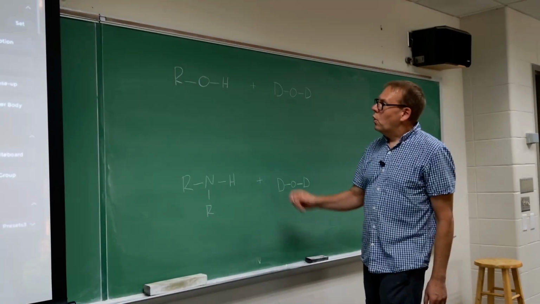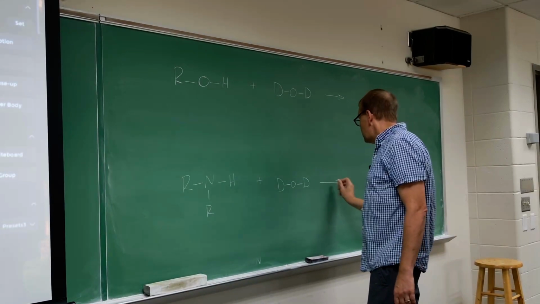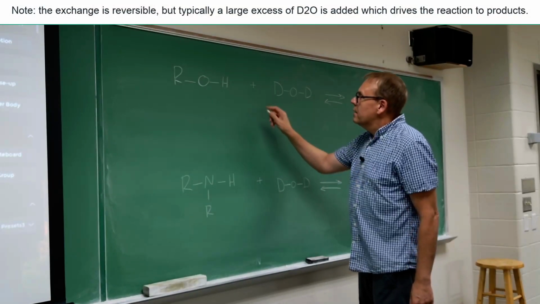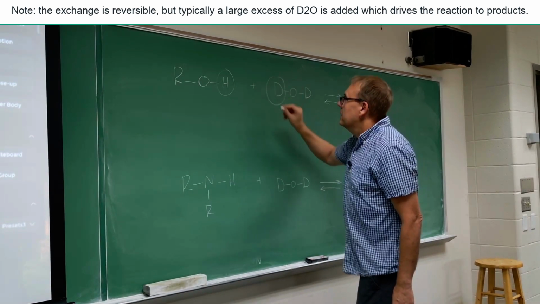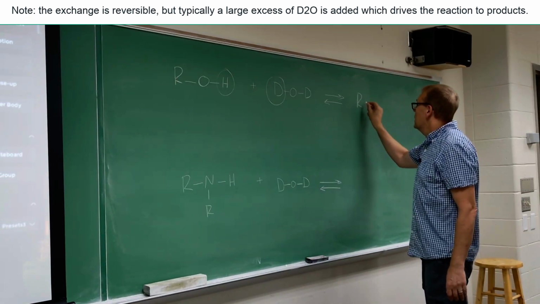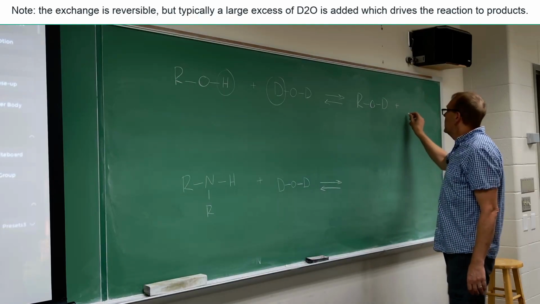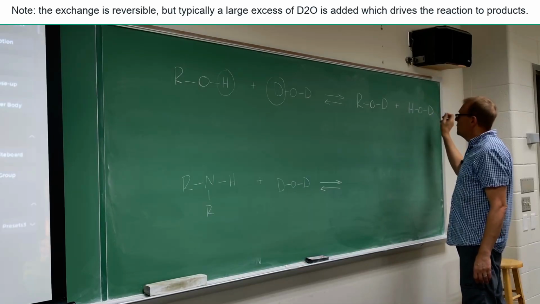And so what happens when you mix these together, there's an exchange process that goes on, and it's reversible, but the H and one of the D's here exchange. So you get an ROD and then an OHD here.